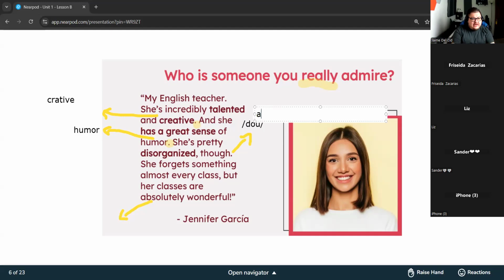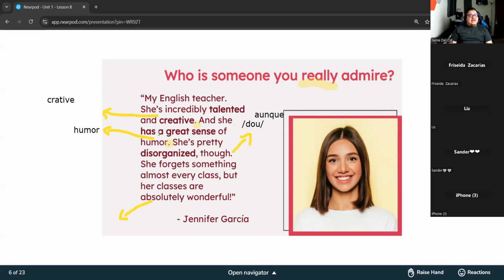Ya lo habíamos visto antes, pero les explico. La palabra aunque nosotros en español la usamos al inicio de las frases, de las oraciones. Aunque tal cosa, tal cosa, tal cosa. En inglés la palabra though puede ser usada al inicio de la oración o puede ser usada al final. So, si esto significa aunque y puede ser usado al inicio o al final, ¿verdad?